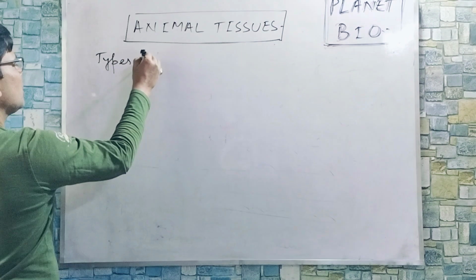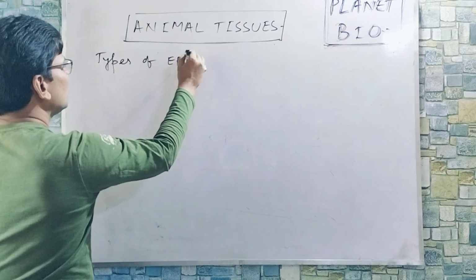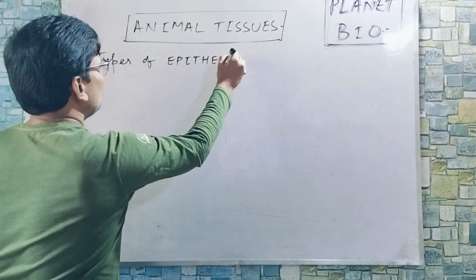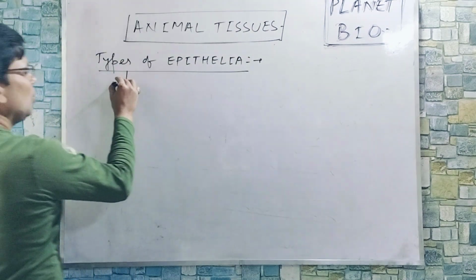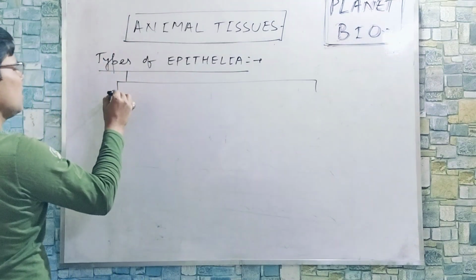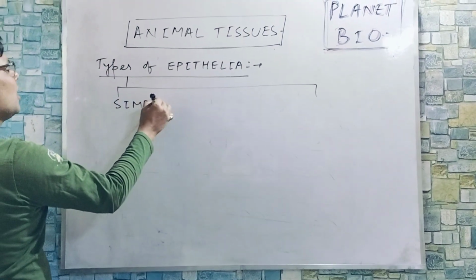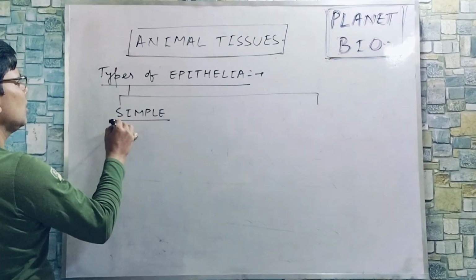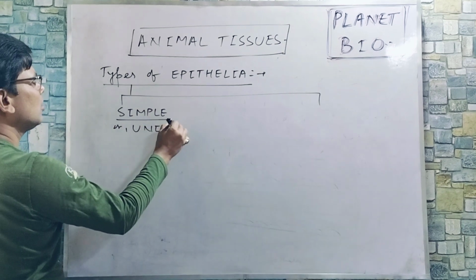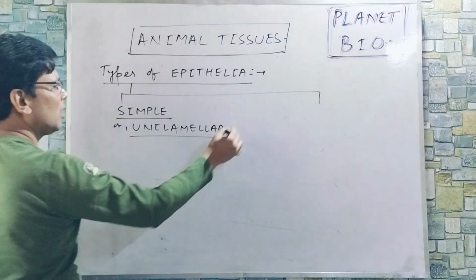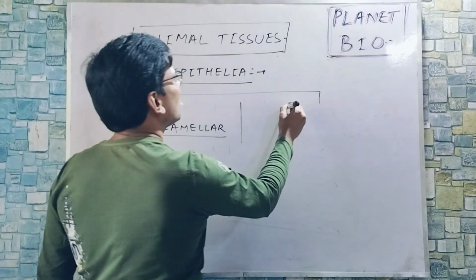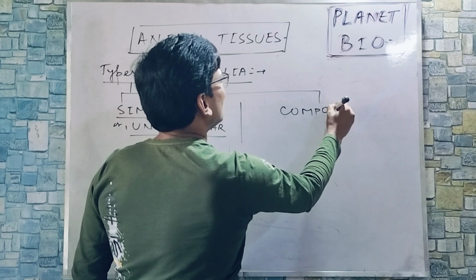Now I am going to discuss types of epithelia. Plural of epithelium is epithelia. Two major types are there. One is generally termed as simple or unilamellar. Another one you can find as compound or multilamellar.